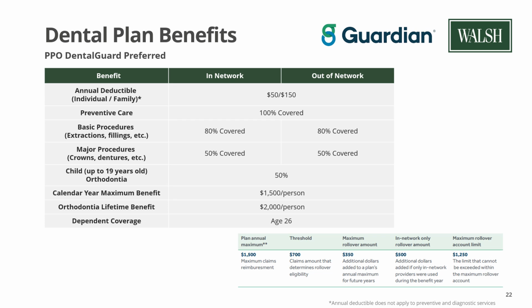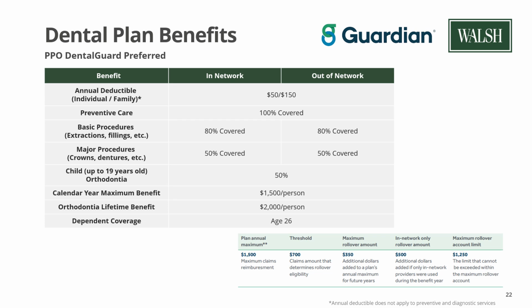Orthodontia coverage is up to 50% with a lifetime maximum benefit of $2,000 per person for dependent children up to the age of 19. There is a calendar year maximum benefit for those basic and major procedures of $1,500 per person. There is also a rollover benefit. So if you're enrolled in the plan in 2024, you have not used your maximum benefit of $1,500, there is likely going to be a rollover into your 2025 balance.